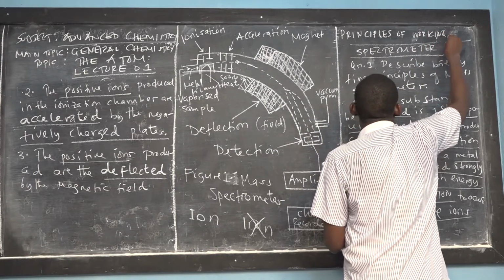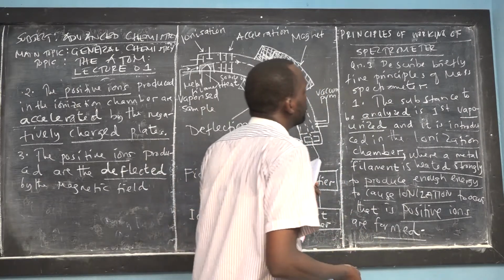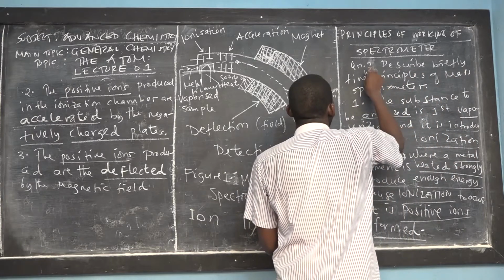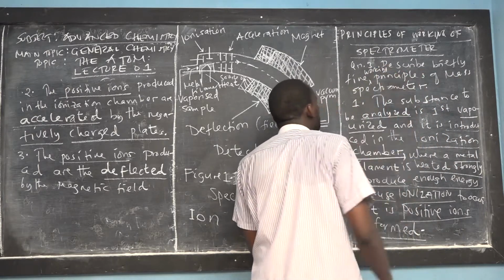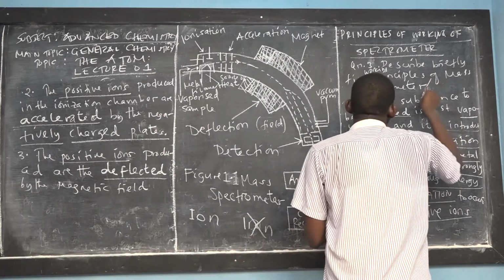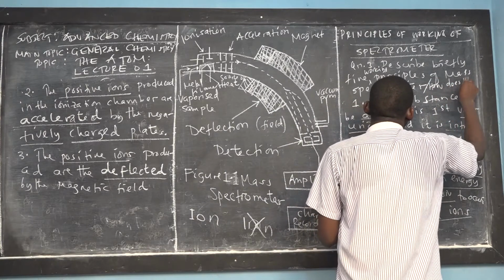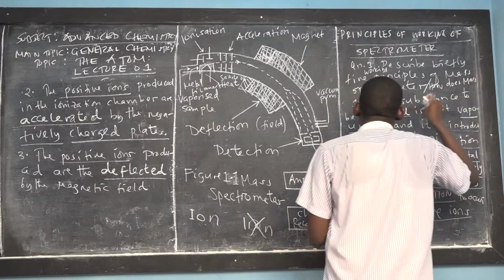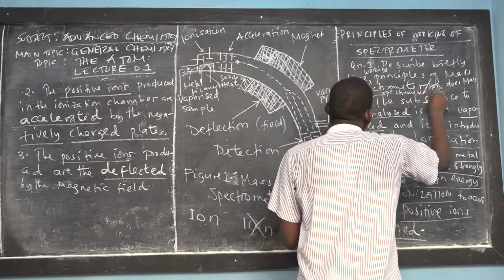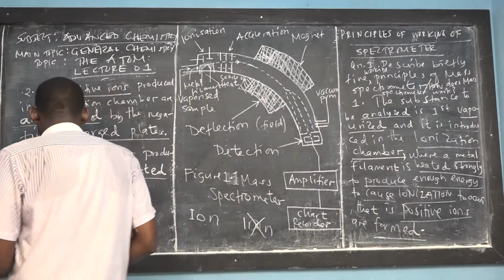So describe briefly 5 principles of working, 5 working principles of mass spectrometer. Or sometimes in some books, you can be asked: how does mass spectrometer work? Explain how the mass spectrometer works. So this is the description.